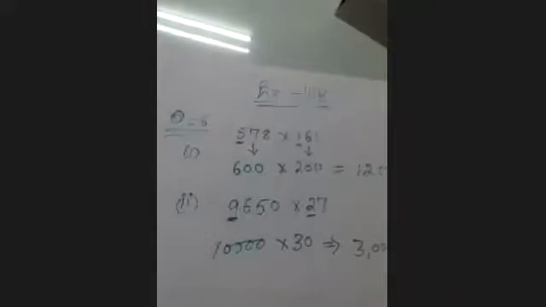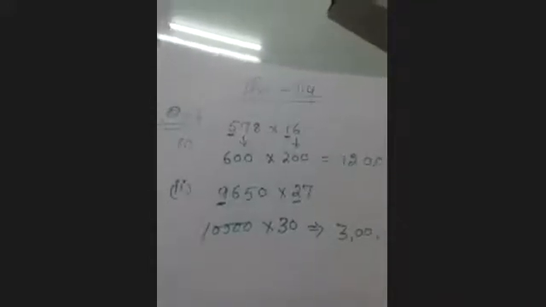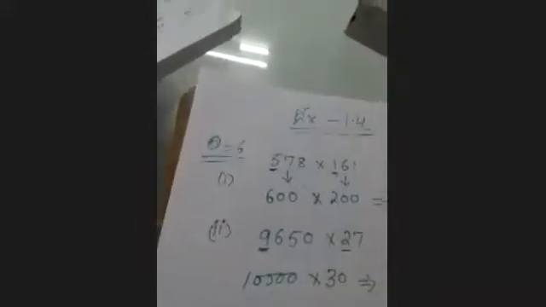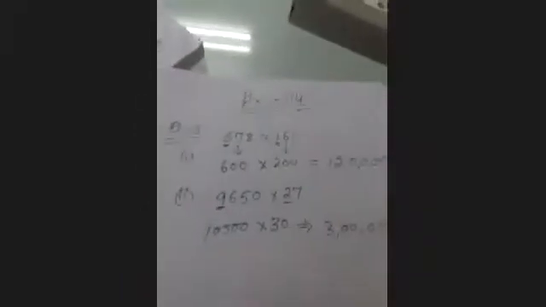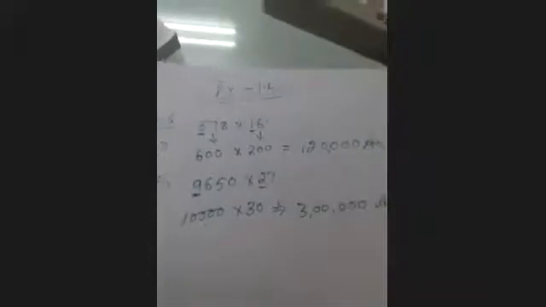Next is question number 7. Seventh question is: students, estimate the following products by rounding off each of the factors to its nearest 100 place.